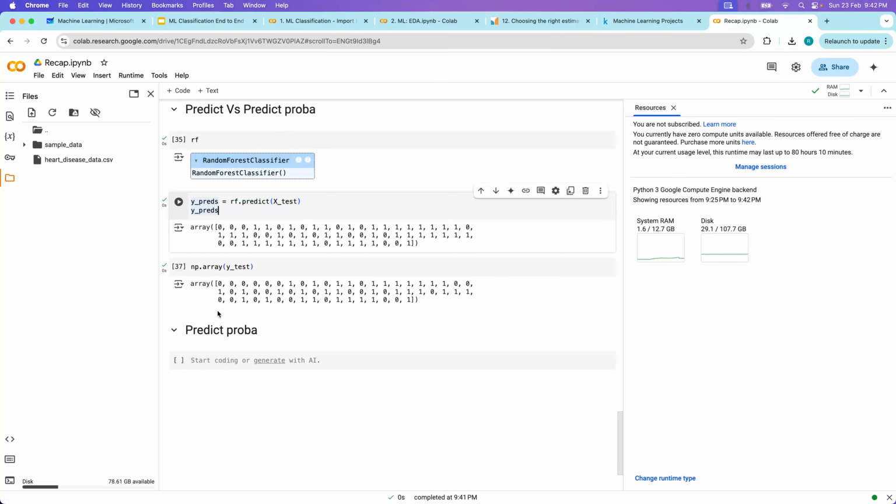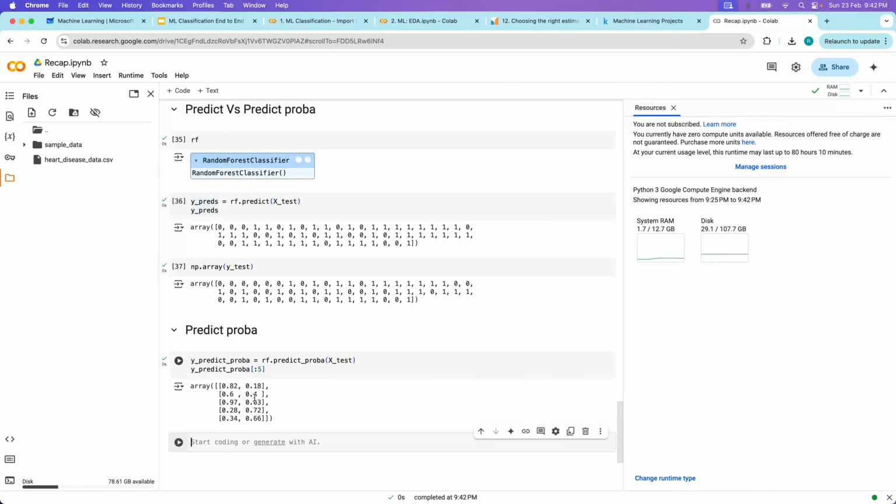Like this, y_predict_proba is equal to rf dot predict_proba X test. That's it. The difference is that instead of predict, we call predict_proba. Let's see the first five.